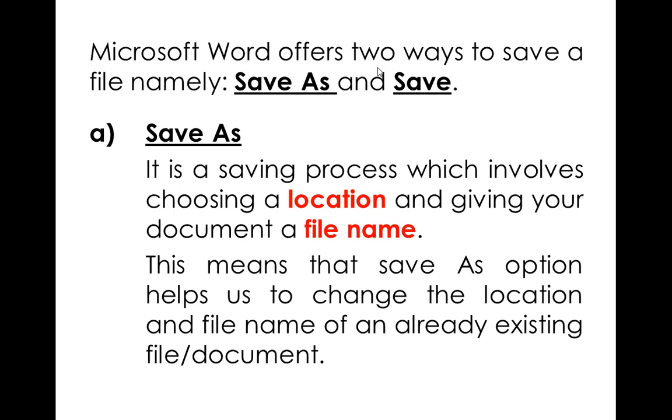We shall be seeing more about this when dealing with the practical part of it. In there we shall be able to see what we call a location, and what we call a file name. A brief explanation about that.